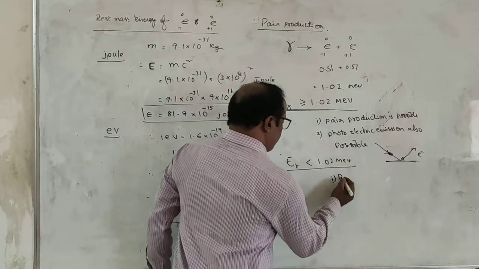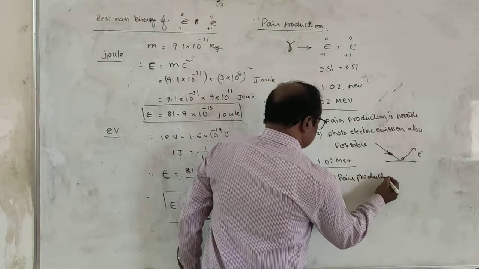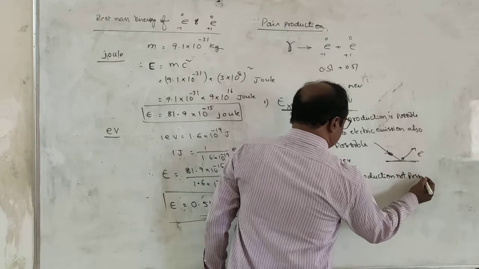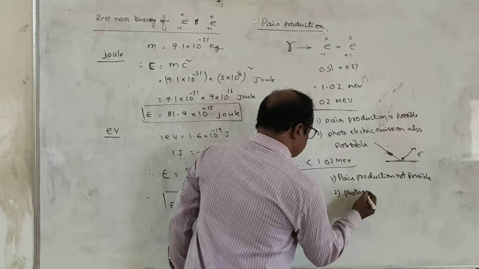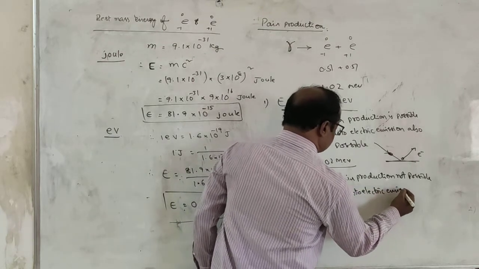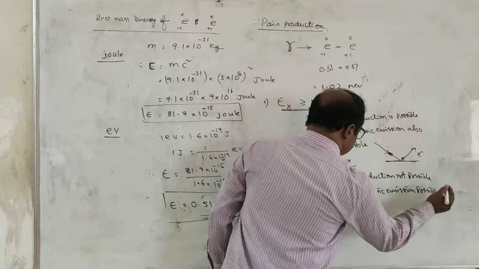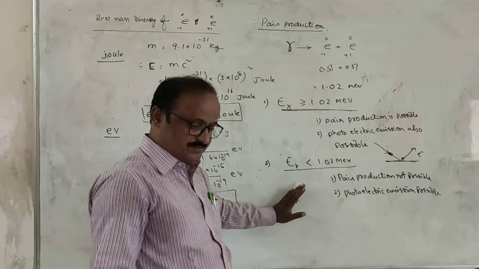That means pair production is not possible, but photoelectric emission is possible. These are very important cases.